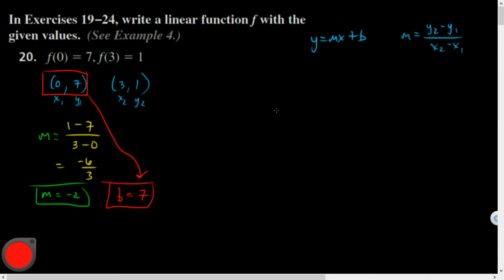So b is equal to 7. The later problems are the ones where we'll have to do a little bit of algebra to figure that out for ourselves. So using the m and the b, I can write my equation: y equals -2x plus 7. That is the equation that passes through those points.